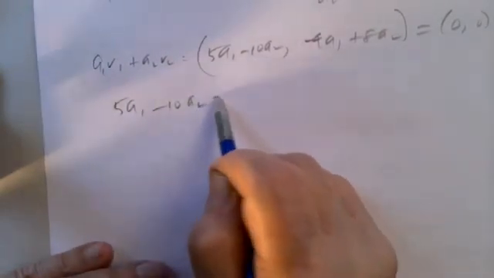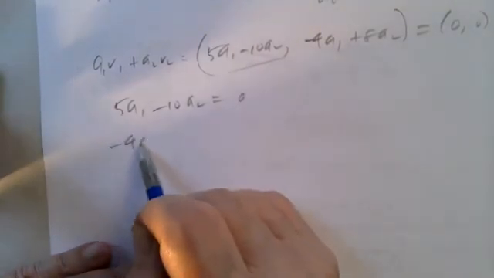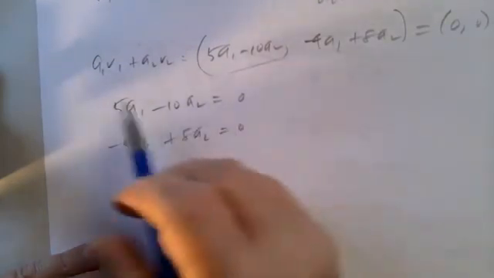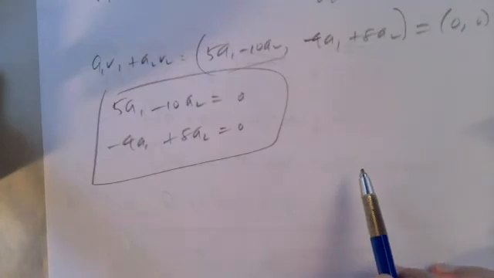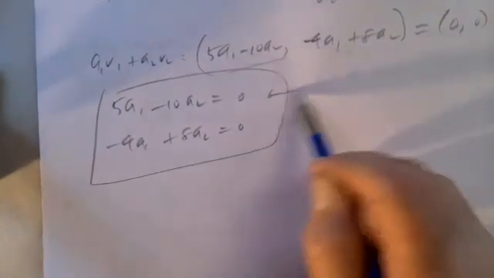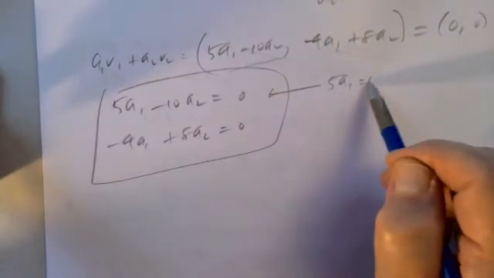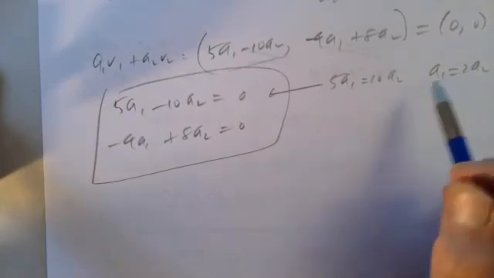Then 5a1 minus 10a2 has to be 0, and -4a1 plus 8a2 has to be 0. So we have to solve these two equations in two unknowns. From the first equation, we get 5a1 equals 10a2, or a1 equals 2a2.